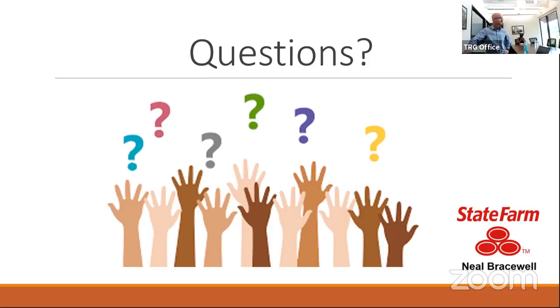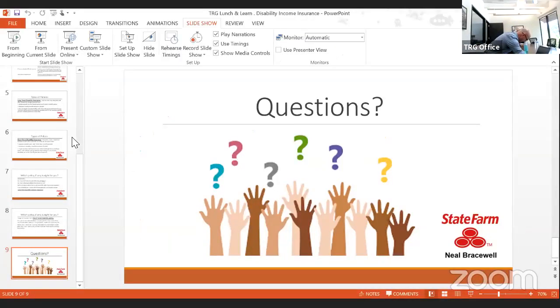So $20,000 is the max. So for, say, a $1,000 monthly disability benefit, what would the average cost for that be? Well, it's so hard to say what the average cost of a policy would be. Say, me, a 38-year-old male. If you would like, we can pull up an application for Danny right now. Actually, I don't want to do that because it's going to bring up Danny's personal information.